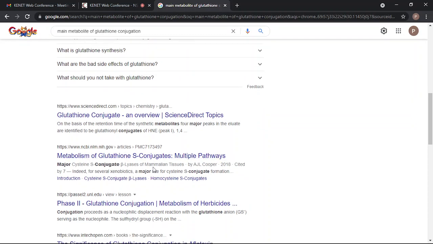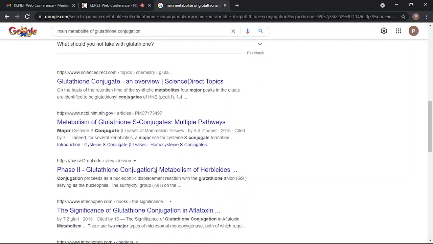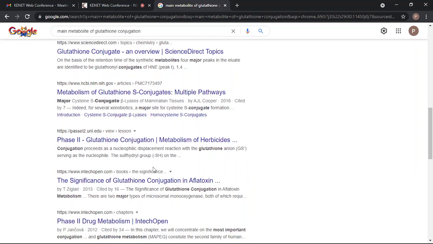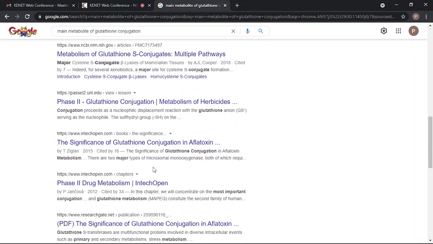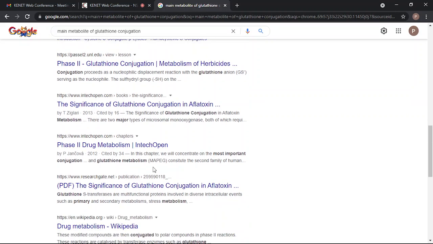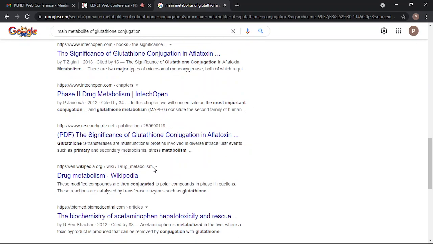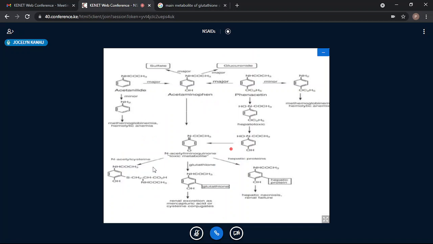So that is one reason why you can have this pathway not happening: you are malnourished and therefore you do not have enough glutathione levels.